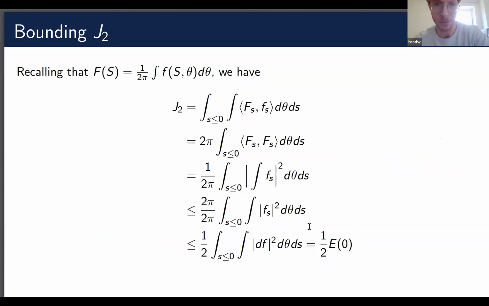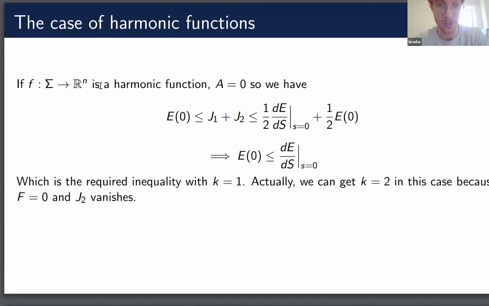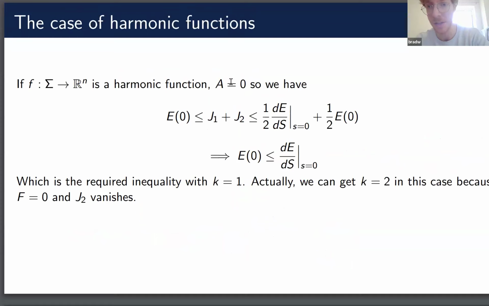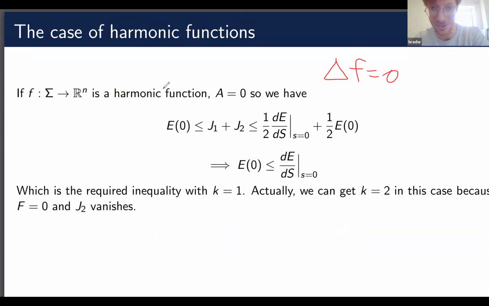So we've got one more term to bound, but before that, let's consider a special case of harmonic functions. If you've got this harmonic function f from a surface into Rn, the second fundamental form is zero. All this is saying is that it satisfies the Laplace equation, which is what harmonic functions should satisfy. Then the first term that we had involving the second fundamental form goes away, and you just get a differential inequality like this.